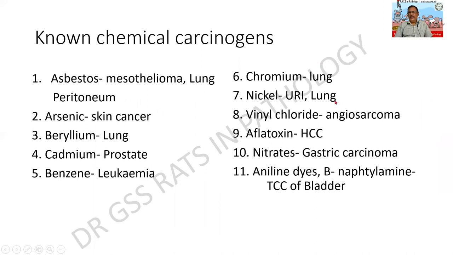Nickel, upper respiratory system or the lung. Vinyl chloride, angiosarcoma. Aflatoxin B1, hepatocellular carcinoma. Nitrates, gastric carcinoma. Aniline dyes, beta-naphthylamine for transitional cell carcinoma of the bladder. Please learn this by heart. I would like you people very much to know this.